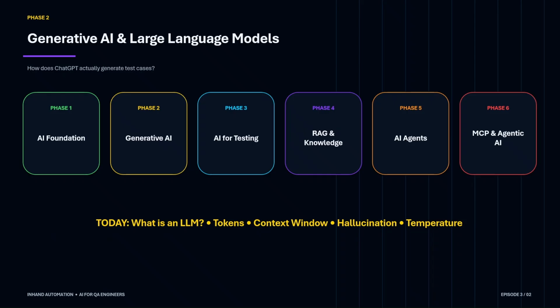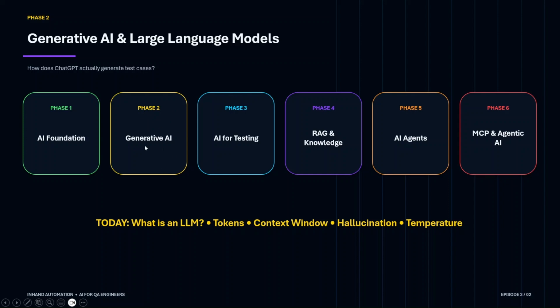As you guys already saw in the first episode of this series, our whole course is going to be divided into 6 phases, and we have completed phase one, which is AI Foundation, and now we are stepping towards phase two of our course, which is Generative AI.